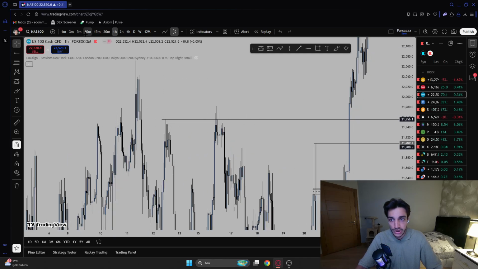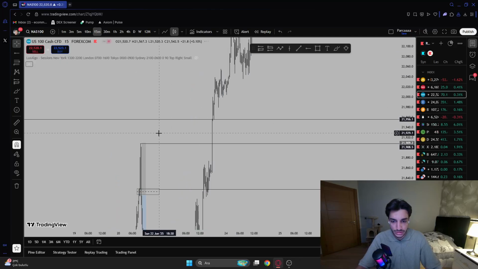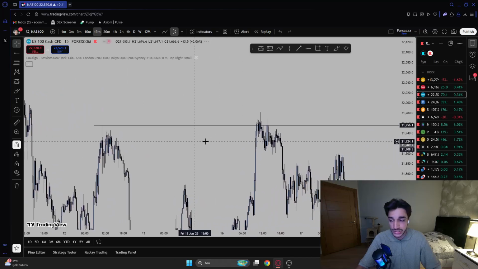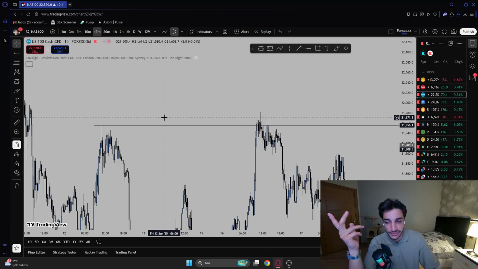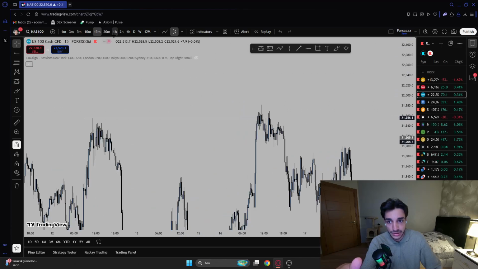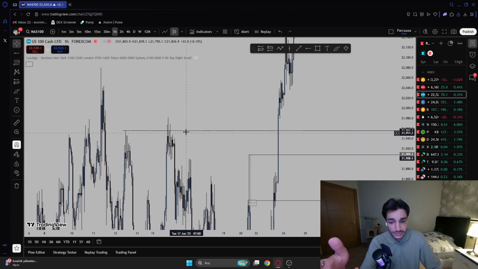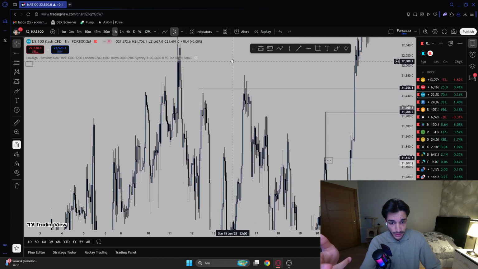So don't care too much about the wicks, because wicks can lie to you in the lower time frame. When you look at the 50-minute time frame, you don't see a liquidity sweep right here, but when you jump to a 1 hour time frame, you will see a liquidity sweep. It's very easy.